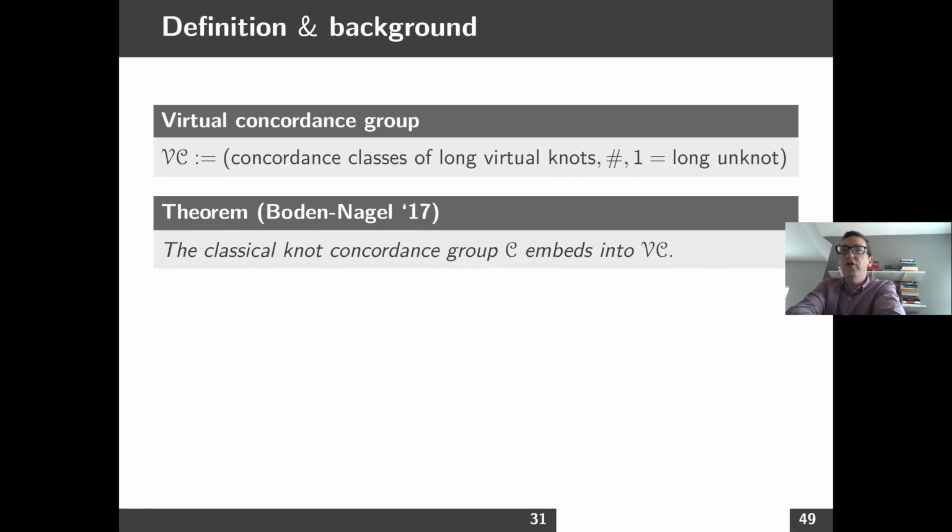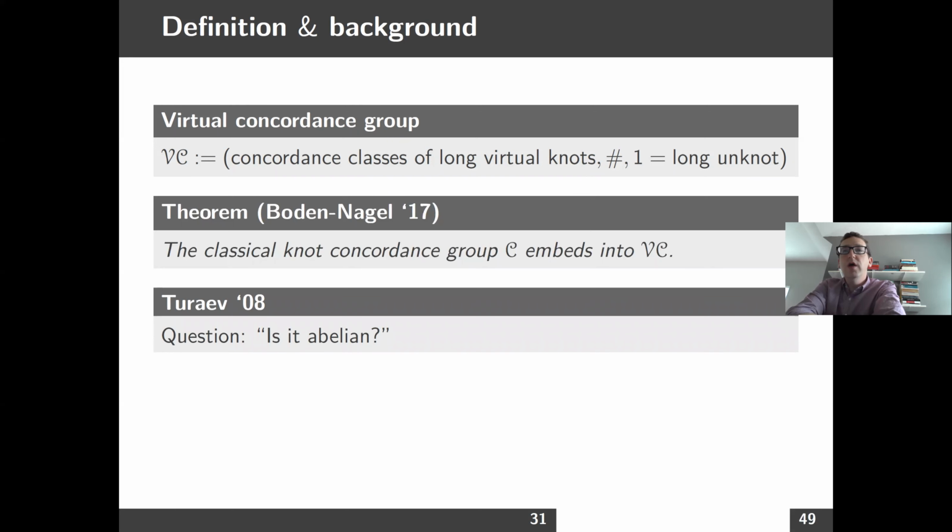And so if you reinterpret the Boden-Nagel theorem that we previously discussed, this just shows that the classical knot concordance group embeds in the virtual knot concordance group. Okay, so Turaev was the first person to really look at these kinds of things in his paper, Cobordisms of Knots on Surfaces. And the last sentence of that paper is, is it abelian?